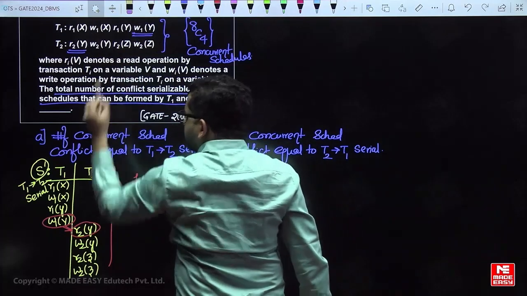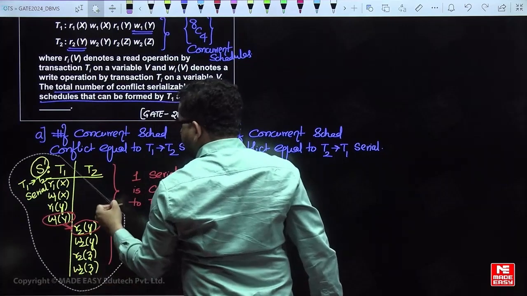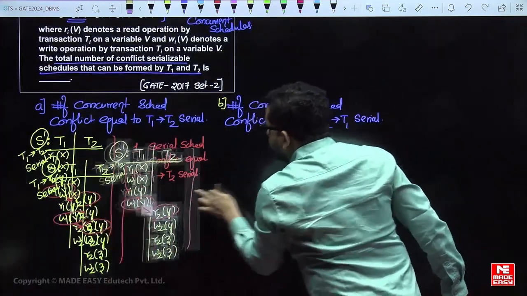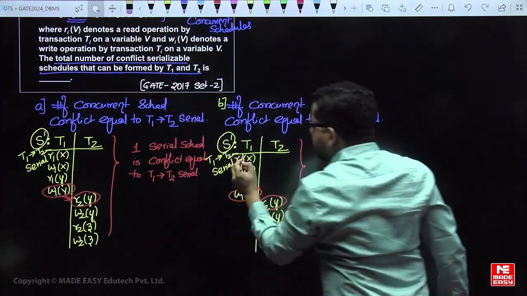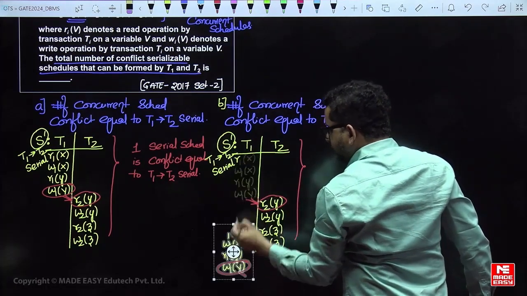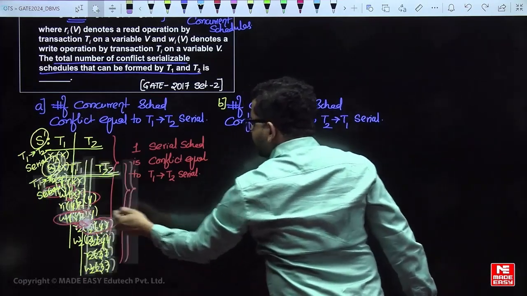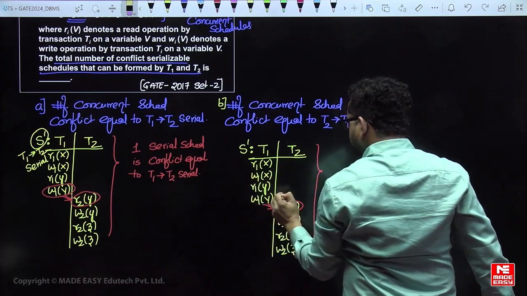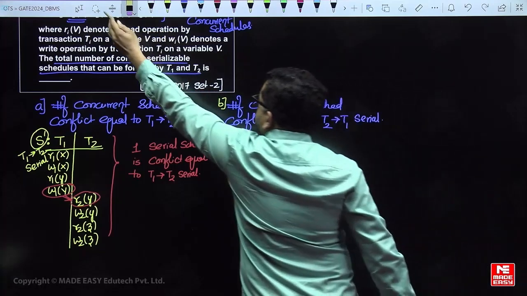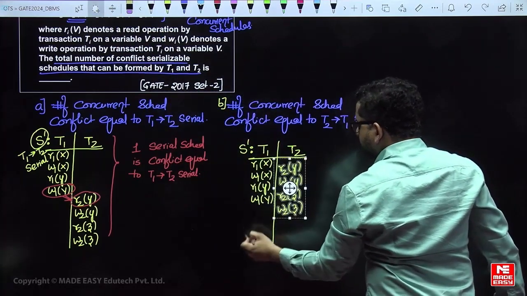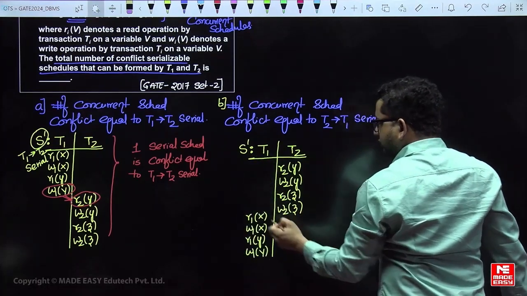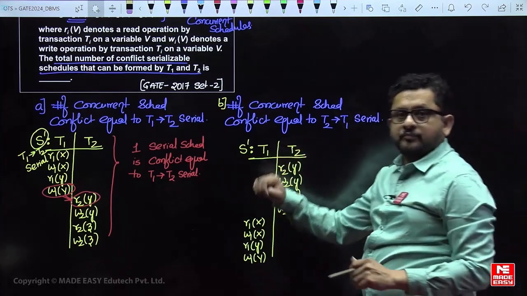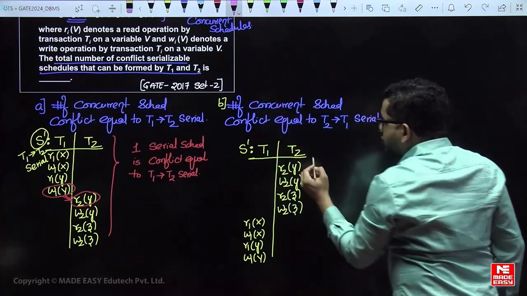Now we need to compute the number of schedules which are equal to T2 followed by T1 serial.